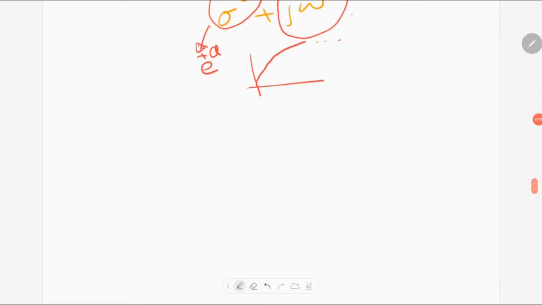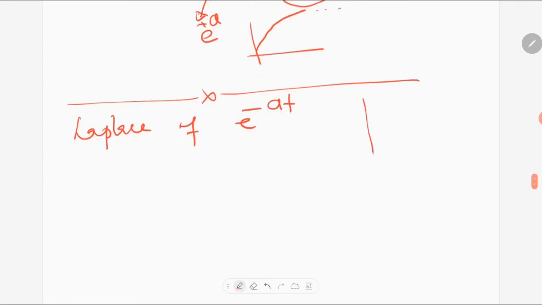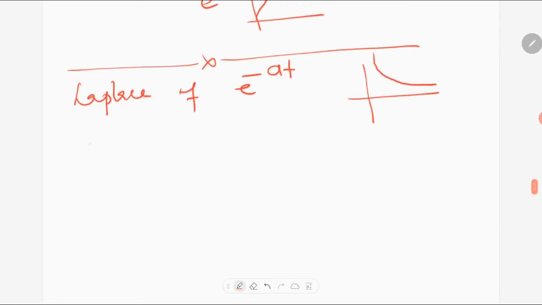And likewise, if we want to do the Laplace transform of e raised to the power minus at, which kind of converges to some value and the graph looks like this, you will see that the Laplace transform of e to the power minus at is equal to 1 over s plus a, right?